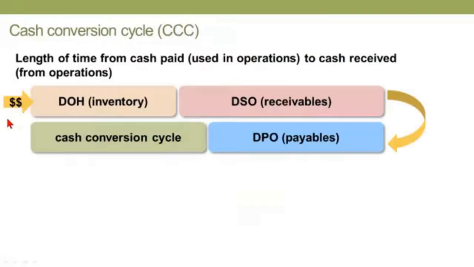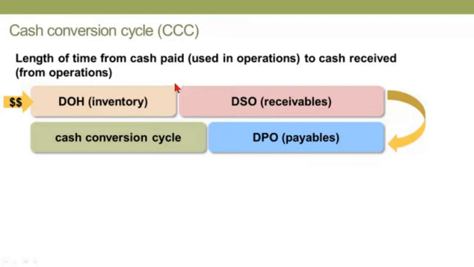And finally, we can pull those three activity ratios together into the cash conversion cycle. If we think about here on the left, the company spends cash to create inventory. And right here, in a sense, that cash is trapped as inventory. One asset becomes another, a liquid asset into a less liquid asset.